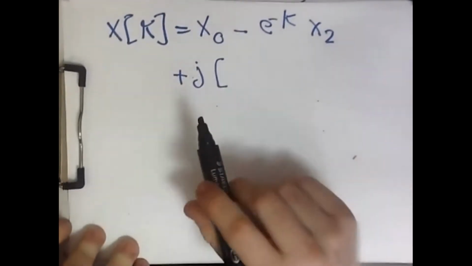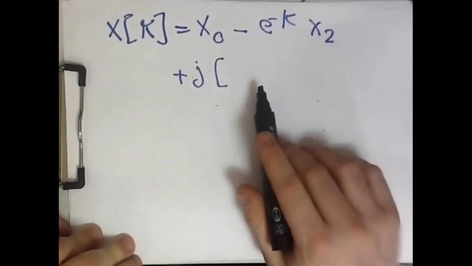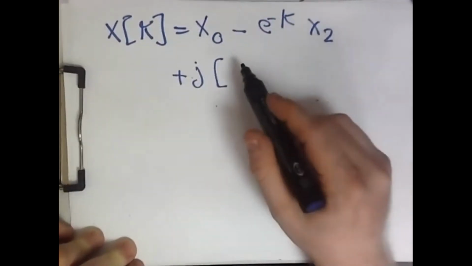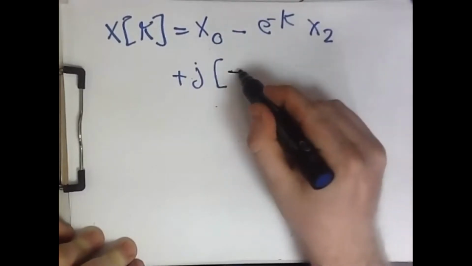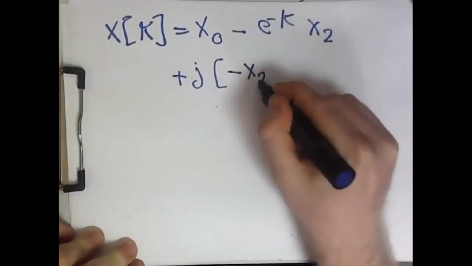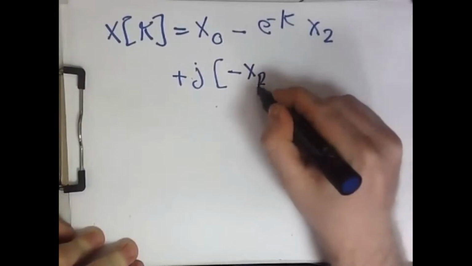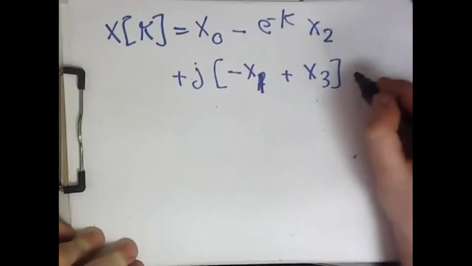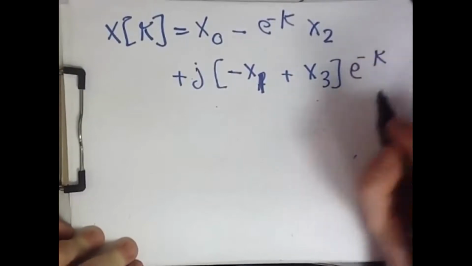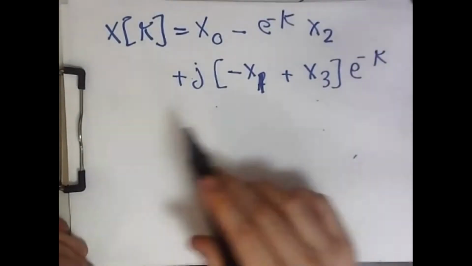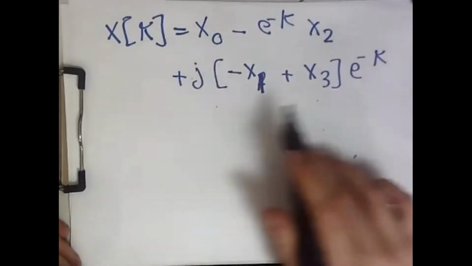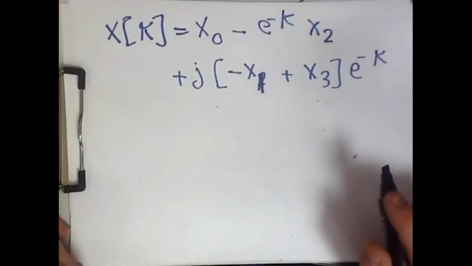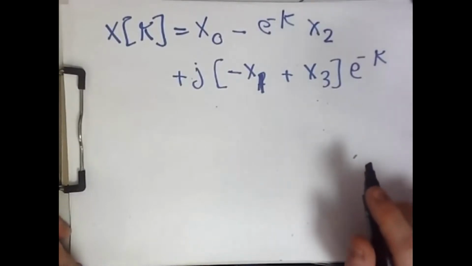So we have now the odd terms represented in an imaginary format. So we have minus x1 plus x3, here e power minus k. So as you can see, this is the simplest format in order to perform this DFT operation.